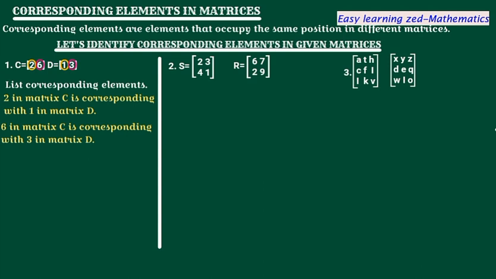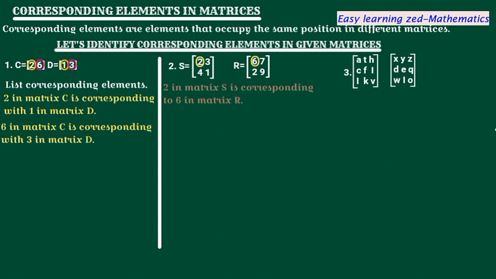Here we have matrix S and matrix R. 2 is corresponding to 6, which means we can say 2 in matrix S is corresponding to 6 in matrix R.